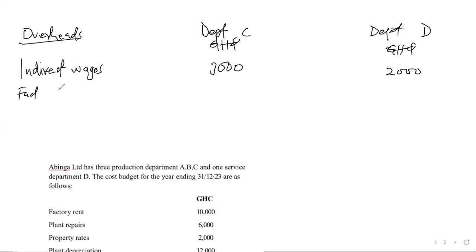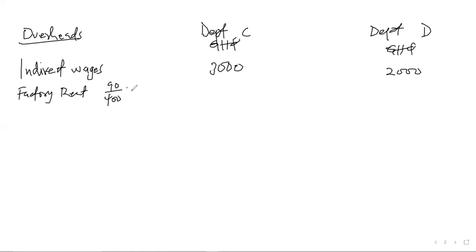Then we move to department C. The floor area for department C is 90. So 90 divided by 400 times 10,000 will give us 2,250. Then the floor area for department D is 50.